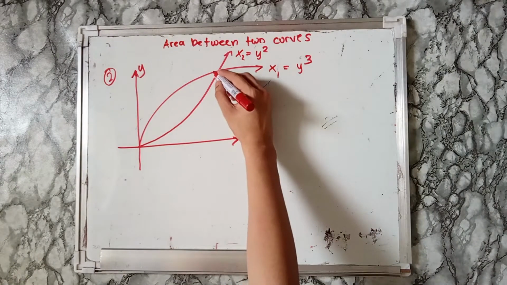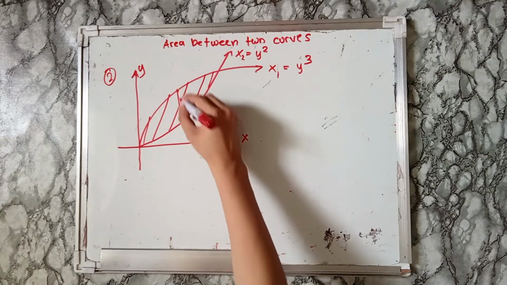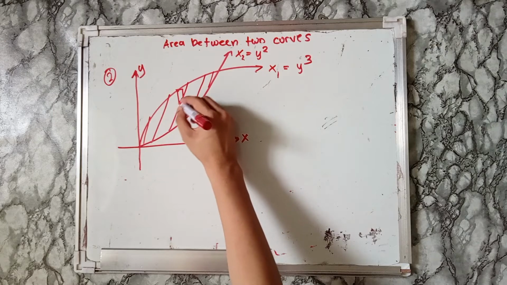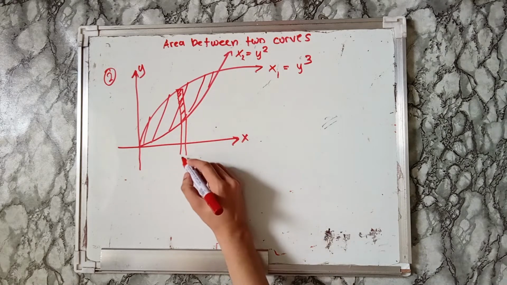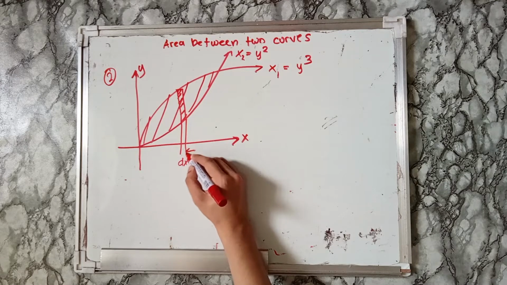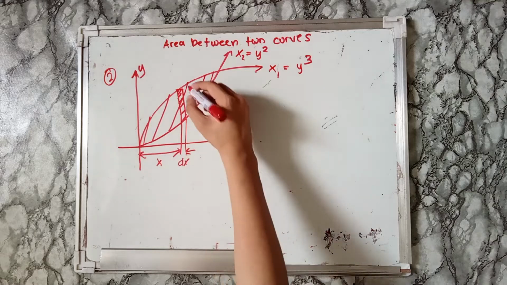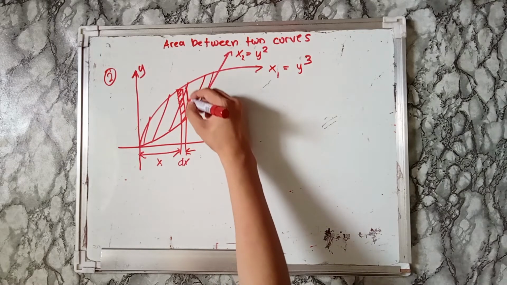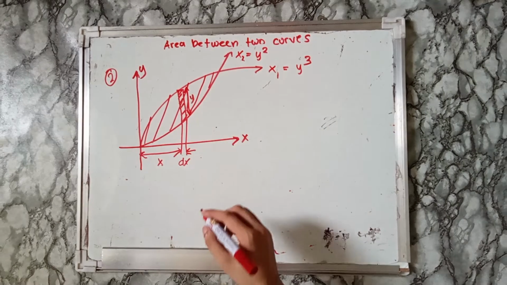Now our area of interest is here, and if we draw a vertical strip, this is just dx and our x, and of course the height of our vertical strip, which is y.